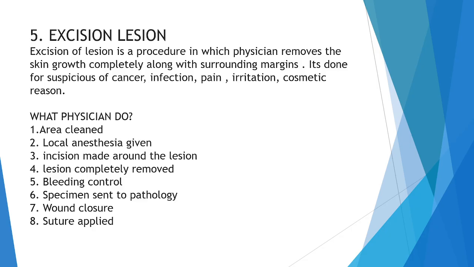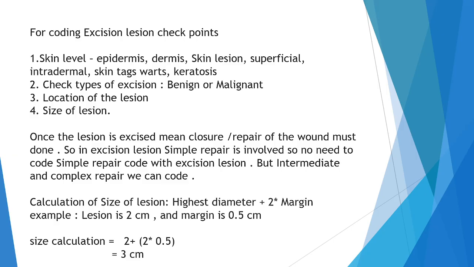The physician will clean the area, give local anesthesia, make an incision around the lesion, and the lesion is completely removed. Bleeding is controlled, and sometimes the specimen is sent to the pathology lab. Wound closure and sutures are applied.